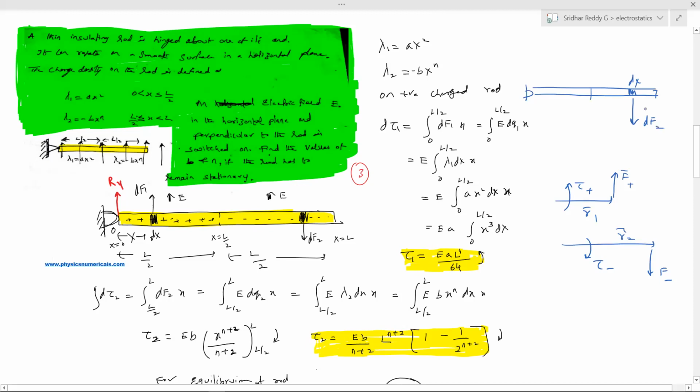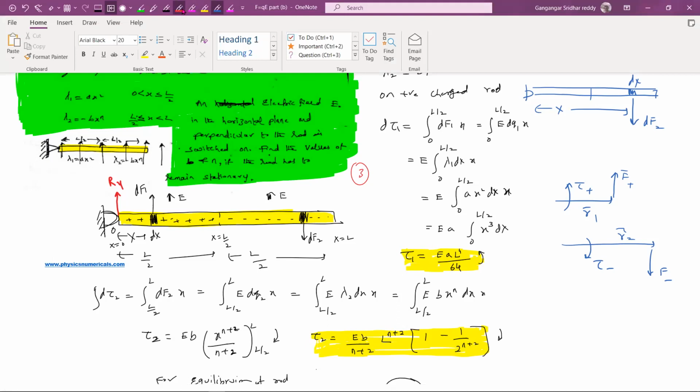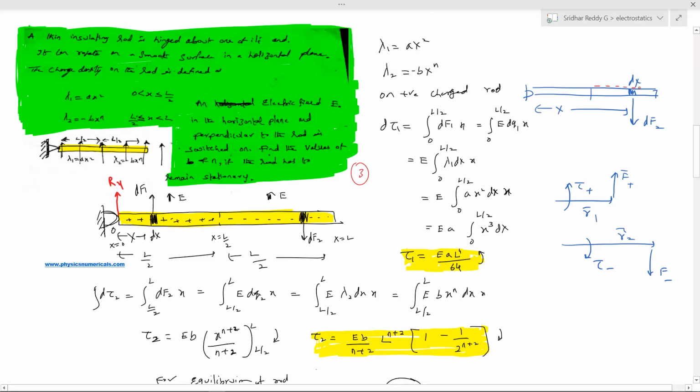This will be dF2. Let it be x only, the limit. So what is the charge here? Negative charge. This is a positive charge. So dF2 into x should be the torque. And how will it be? It will be clockwise.